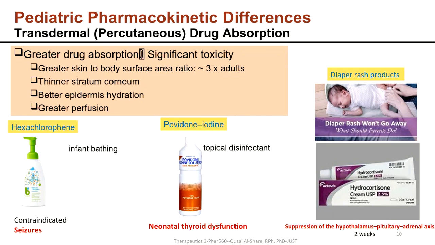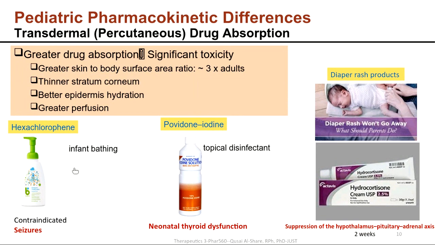Number 3, they have better epidermis hydration. So this would lead to, especially if you have water-soluble drugs, to cross, and they will have a greater perfusion. There are 3 examples that I would like to mention here. The first one is the soaps they normally use to bathe the child, especially newborns.